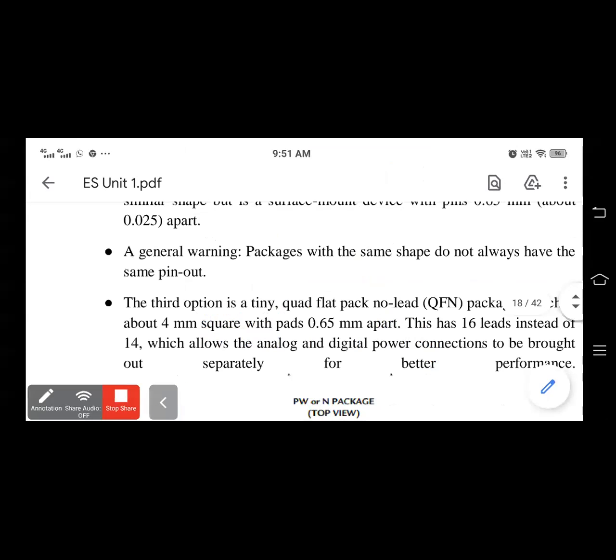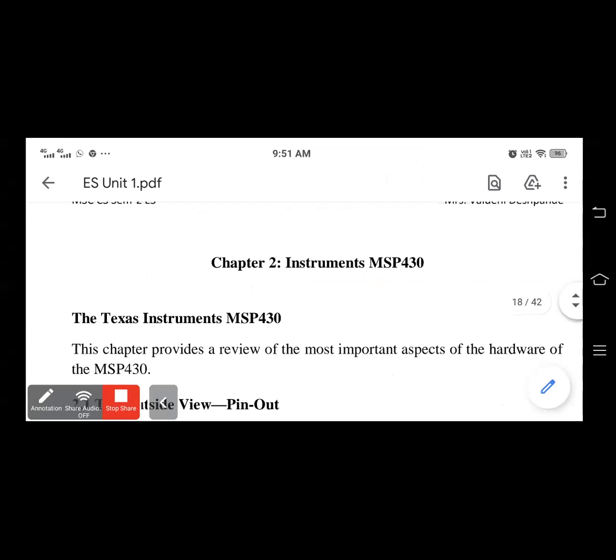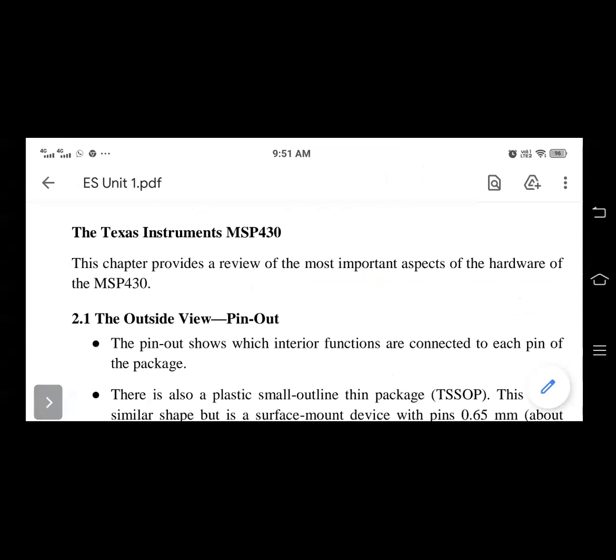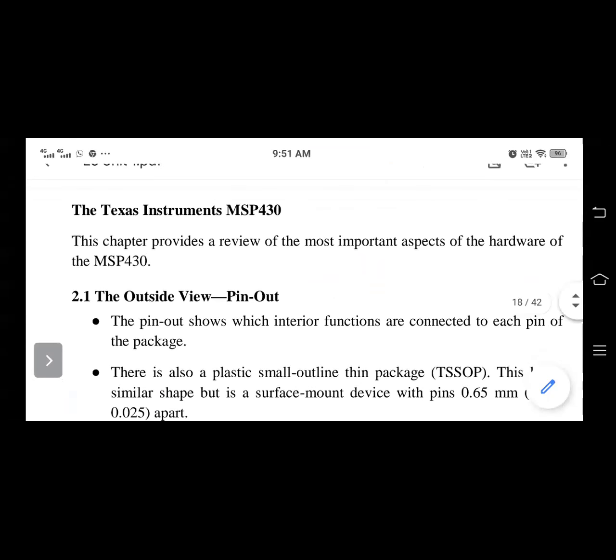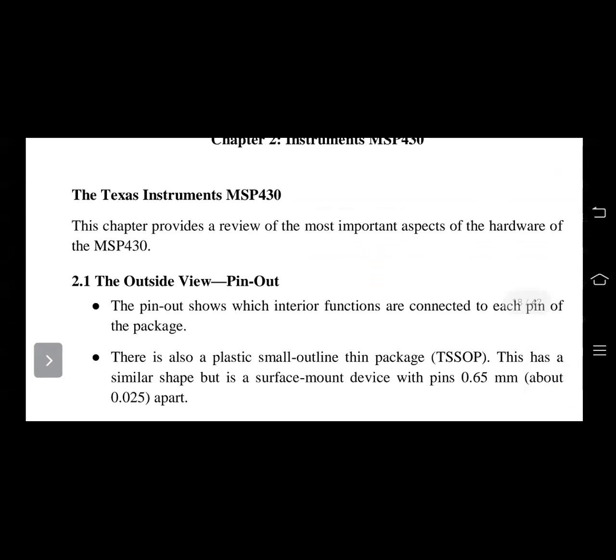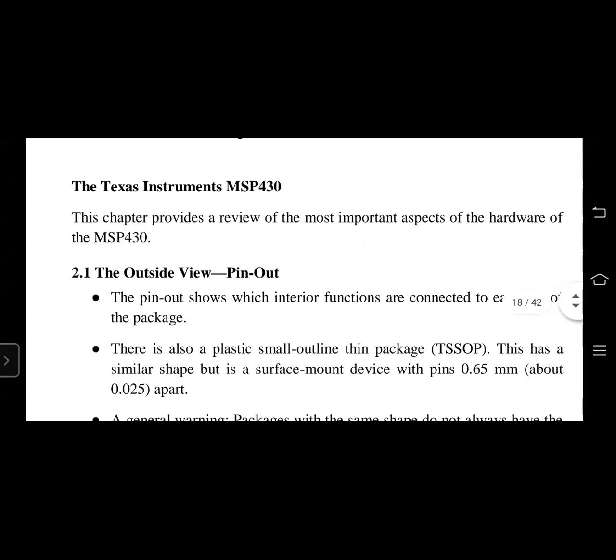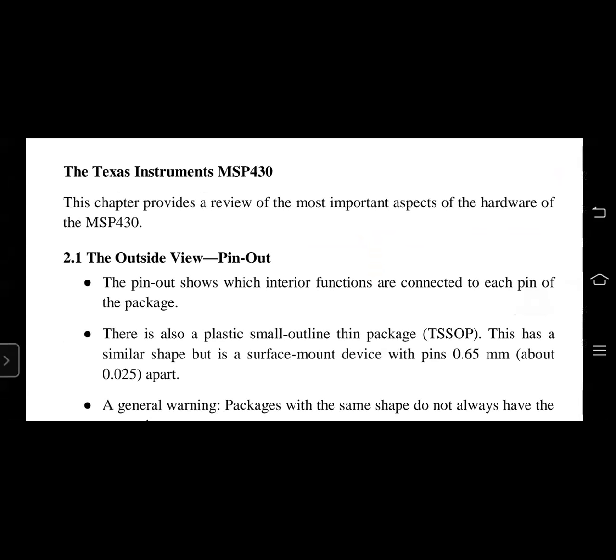Now see, this chapter provides a review of the most important aspects of the hardware of MSP430. Whenever you are talking about any microcontroller, the first thing that you must study is its pin out.